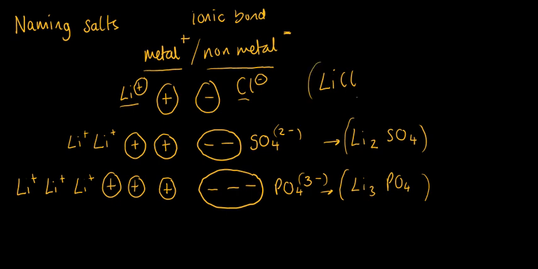Okay, so let's now have a look at some other examples. Let's say I was going the other way now. Let's imagine that I was dealing with a negative ion, and this negative ion, for example, was chlorine, or it could be bromine.